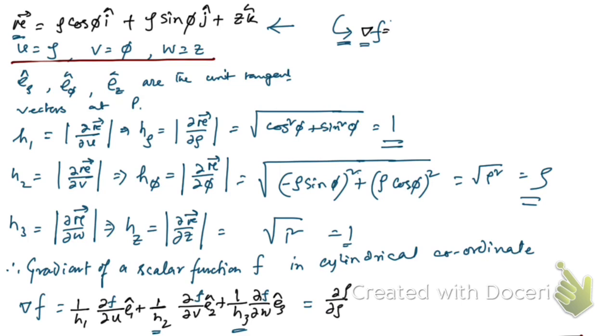Del rho of f e rho cap plus, since h2 is rho, 1 by rho into del phi of f e phi cap, plus then 1 by 1 is simply 1, because h3 is 1, so we get del z of f e z cap.